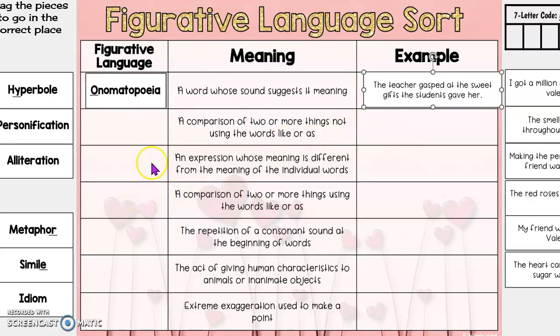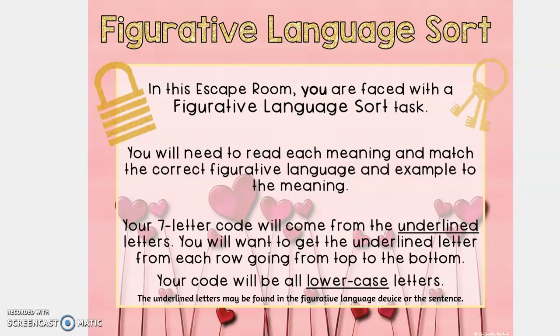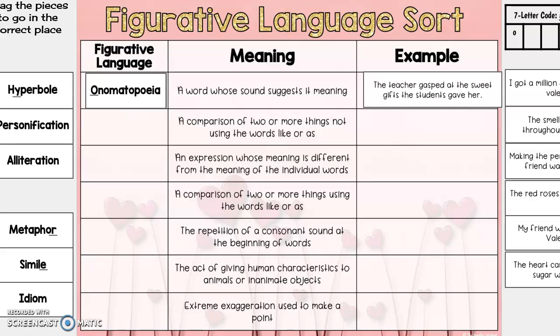So what I'm going to do after that is I'm going to look on either the figurative language or the example for an underlined letter, and it's here on the O. So that is going to be my first letter here that I'm going to type. And I believe it does tell me to keep it all lowercase. Yeah, we want to keep it lowercase for when we type in the code.